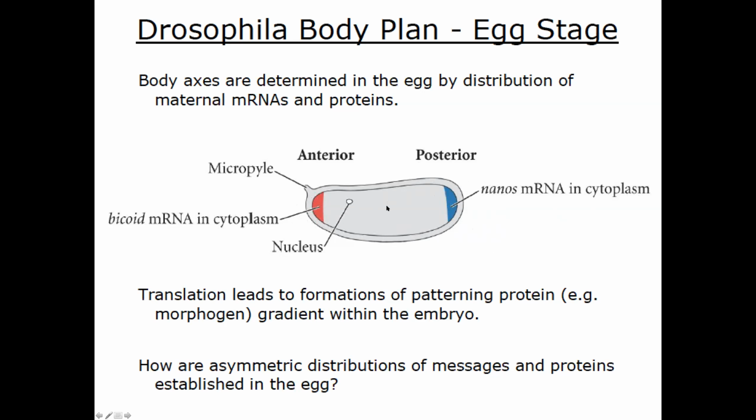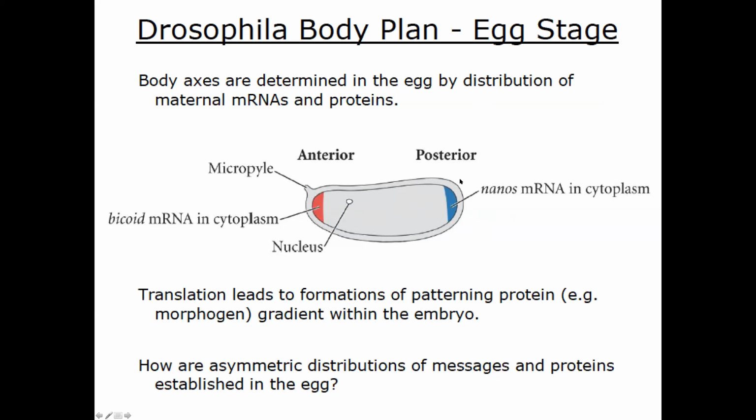So there is a distinction about how these two are localized. Nanos mRNA, on the other hand, is present everywhere, but it is actively retained in the posterior part of the embryo by RNA binding proteins that localize it to the posterior end.